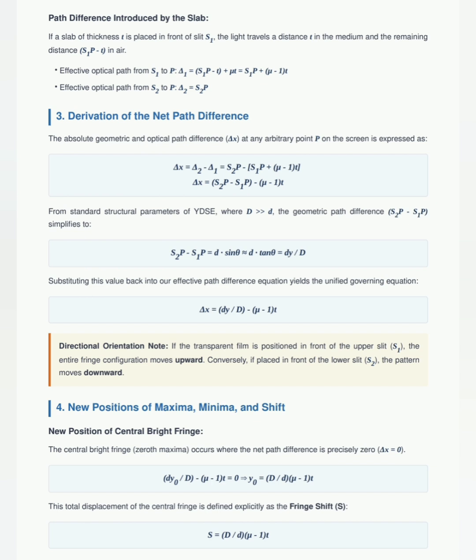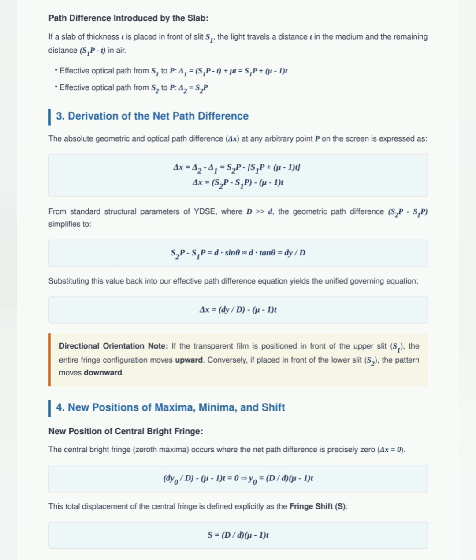So tan theta will be y by D, small y by capital D, so dy by D. Now substituting the value back into our effective path difference equation, delta x equals dy by capital D minus (mu minus 1)t.